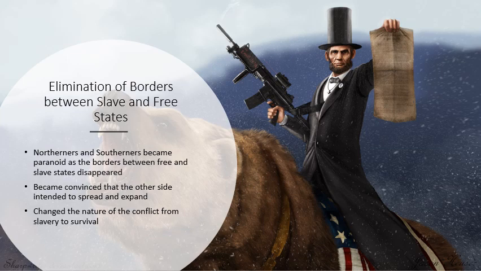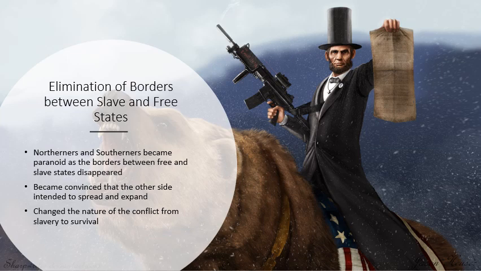Northerners see the Dred Scott case as, basically, slave owners are going to take their slaves wherever they want to take them in the Union. And then Southerners see John Brown's rebellion as, the free states are going to come in and overthrow slavery in the South. So both sides became convinced the other side intended to spread and expand.